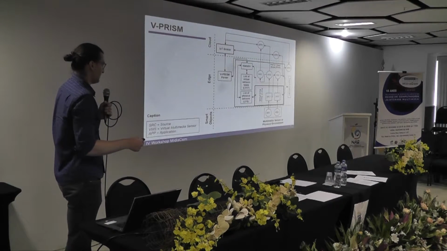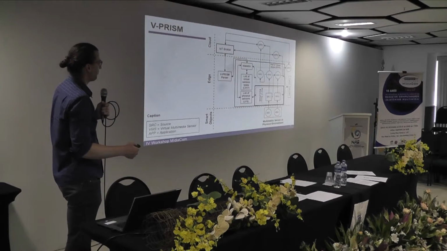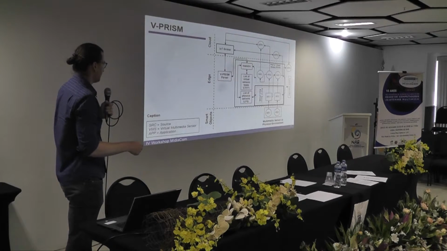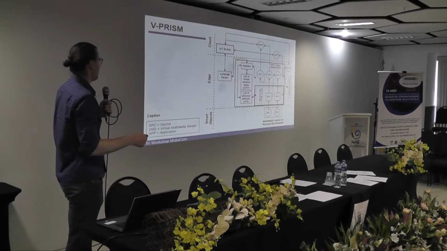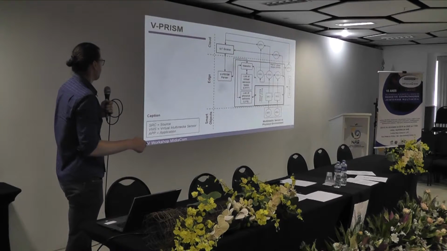The source is like a driver that knows how to connect with each different type of device. If we have a Bluetooth microphone, we will have a source that knows how to talk with the Bluetooth microphone, and if we have a USB camera, we will have a source that knows how to talk with this USB camera. The source sends data to one or more VMS, and this is where our main processing occurs.